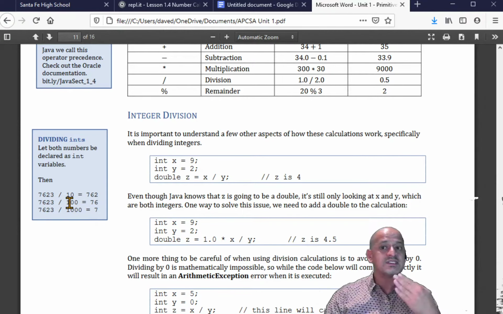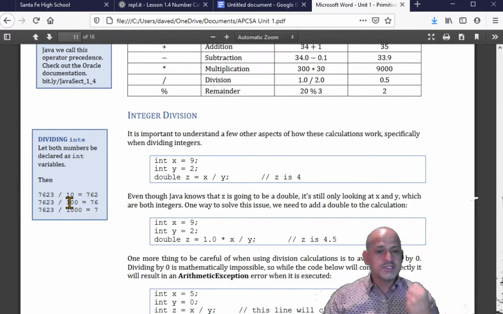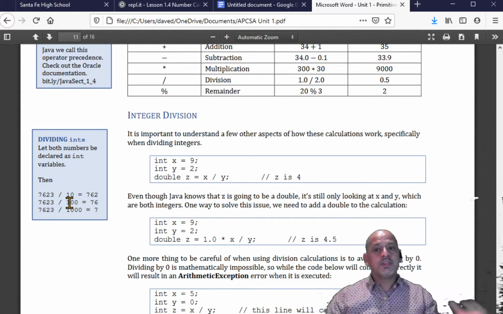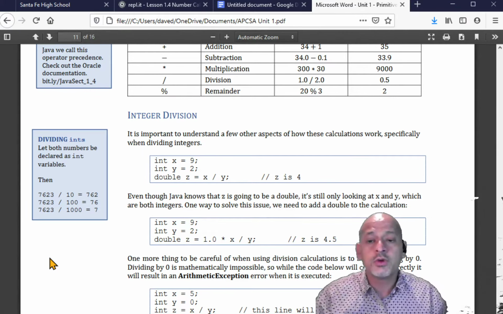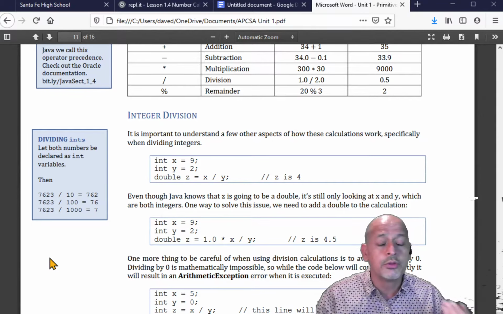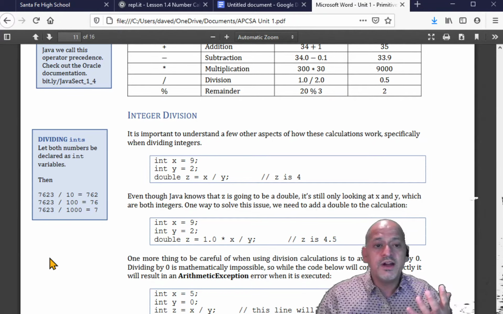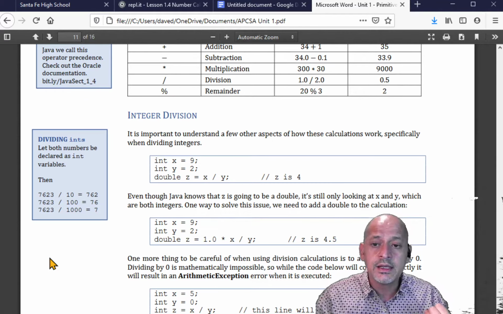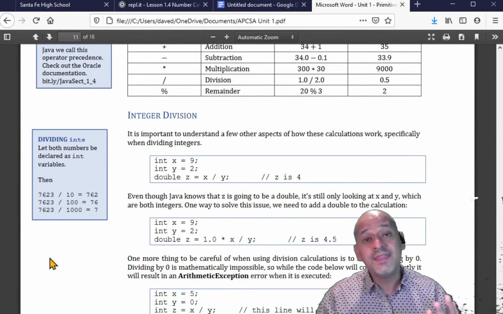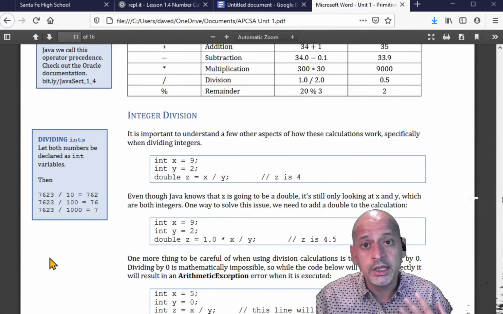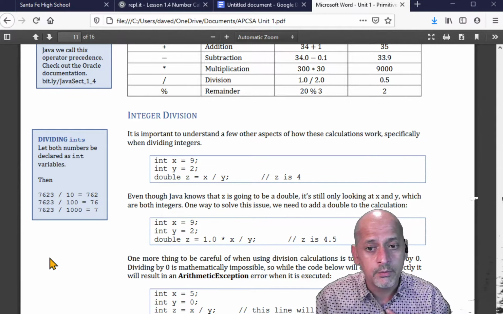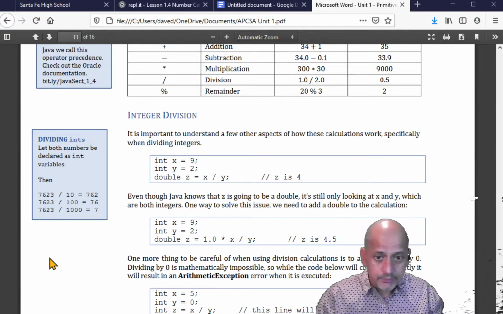Because it's not going to give us 76.23. We lose it, and therefore we end up with 76. Or if we take 7,623 divided by 1,000, ideally it should be 7.623. But because we are dividing two integers, two ints, we lose the decimal place and we end up with 7. And that is going to be useful in some of the algorithms that you guys will have to perform. So just keep that in mind.